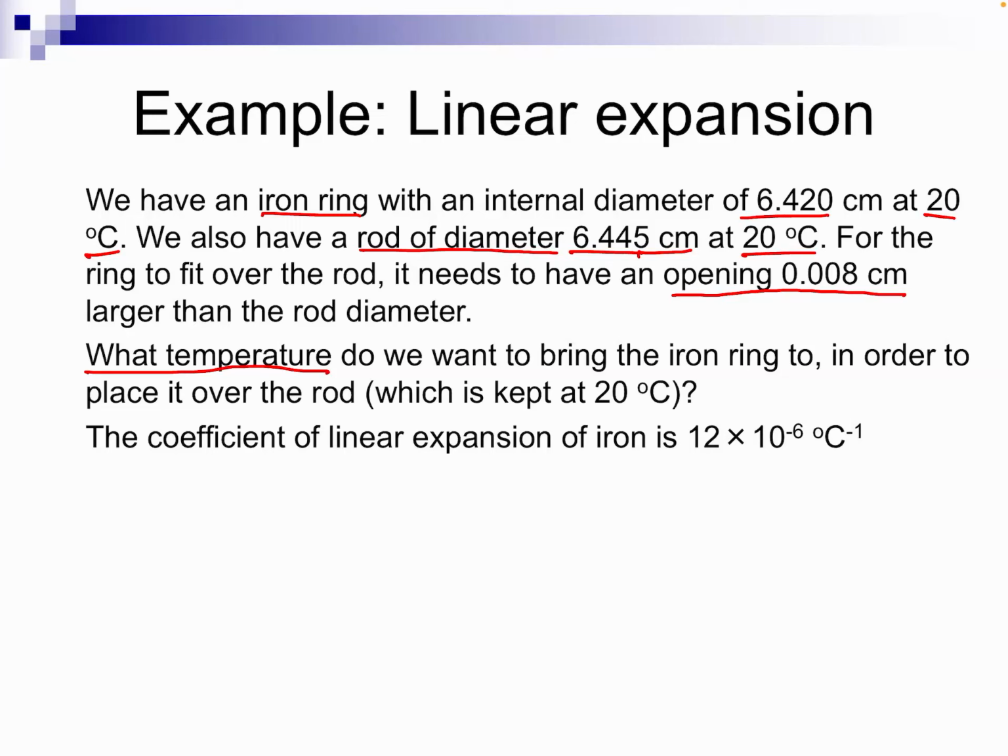You have here the coefficient of linear expansion of iron. Only the iron's coefficient is relevant because it's only the ring that you want to expand, while the rod, it didn't say what material it is, is kept at the same temperature, 20 degrees Celsius.